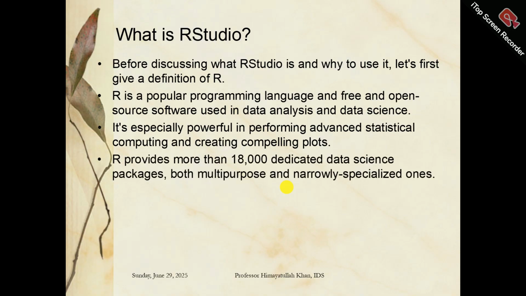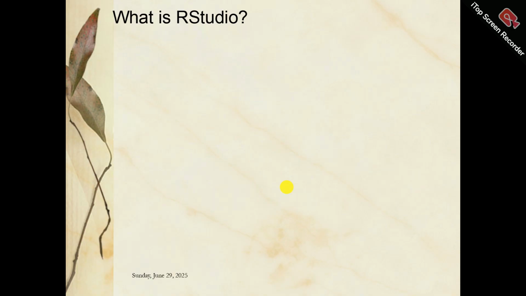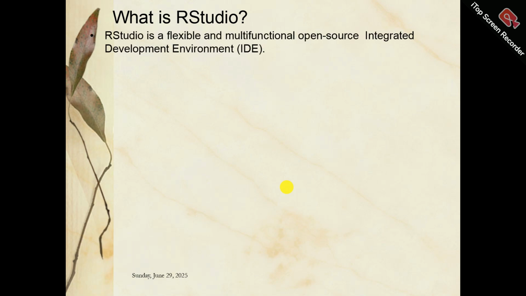R provides more than 18,000 dedicated data science packages, both multipurpose and narrowly specialized ones. It is a technology which is well supported by an active and helpful online community and is compatible with various operating systems.